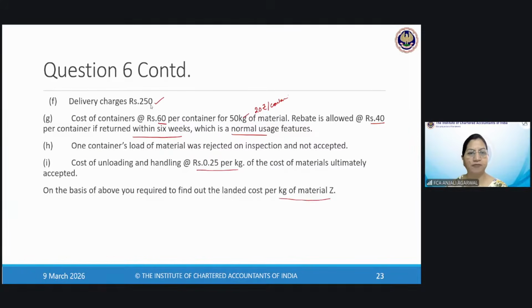Then you will add the 250 delivery charges. And then you will add 20 rupee per container, 1250 divided by 50. Okay. So 25 into 20 containers, 20 rupee per container, 500 you will add for the containers cost. After having added all this is your cost of 1250 units. So what you will do is you will subtract from this 50 kgs as one container is rejected.